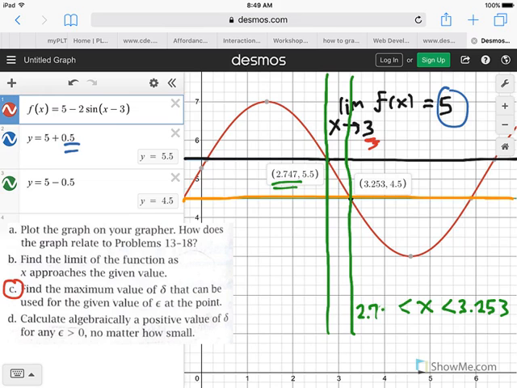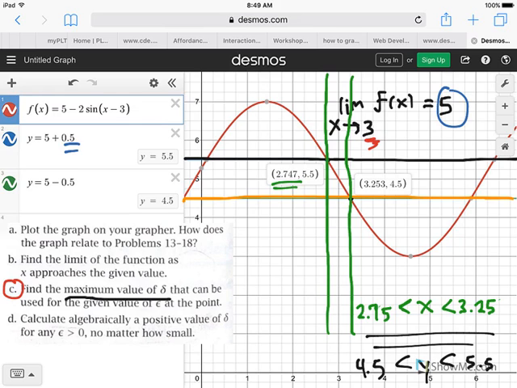So I have 2.75, and then here maybe I want to round down to 3.25. So basically when the input values are within the interval 2.75 to 3.25, I can be sure that the output values will be within the interval from 4.5 to 5.5. And that is what part C is asking us.